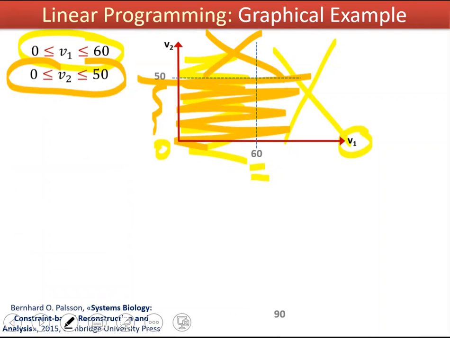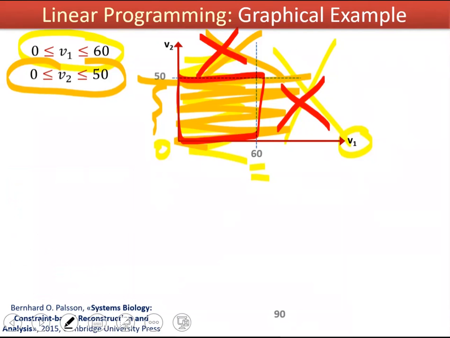So in this coordinate system, the area that satisfies both V1 and V2 constraints is this area, right? Here, V1 is not valid. Here, V2 is not valid. So in this area, both V1 and V2 constraints are true.